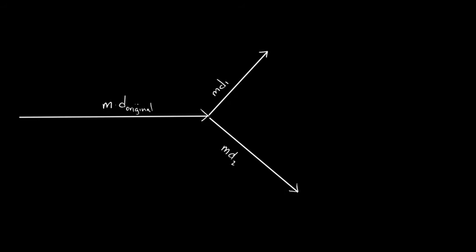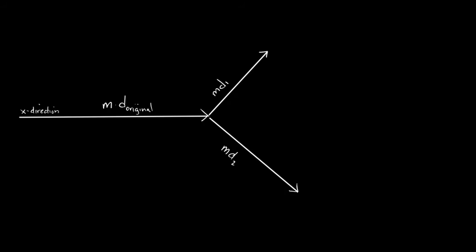Momentum is a conserved quantity. In this portion of the lab, you did a two-dimensional collision. So I want this to represent the x direction. Was there any momentum in the y direction?